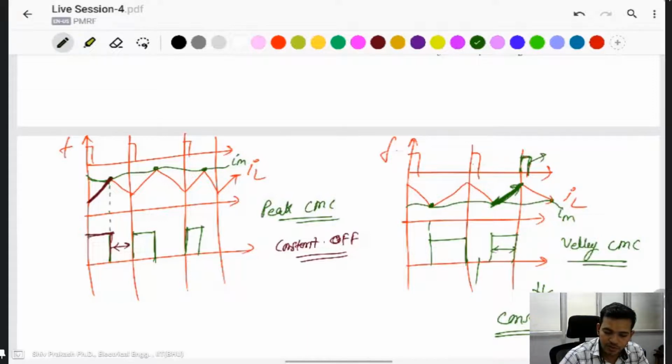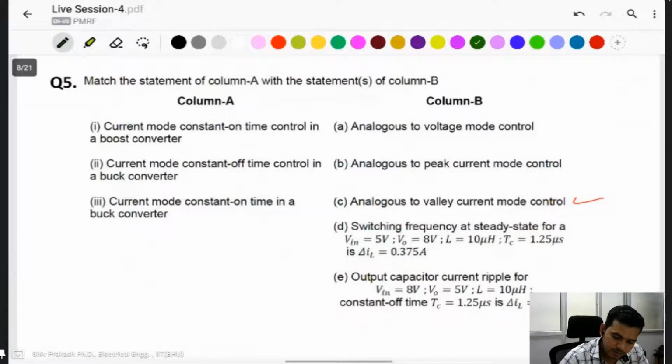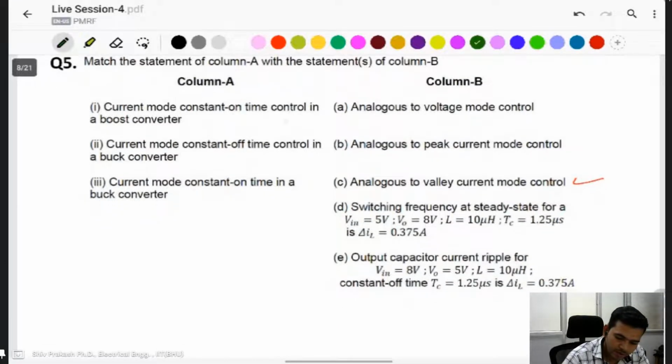This switch is controlled here, and here it is controlled by on. This means constant on time is the Valley current mode.